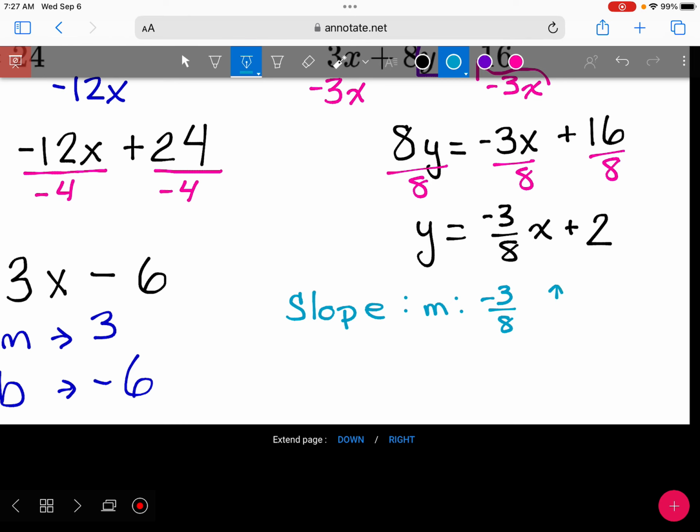Remember, that's our rise over run. What's our y-intercept? Our y-intercept is that b, and that is 2. That would be where we would start when we were graphing these.